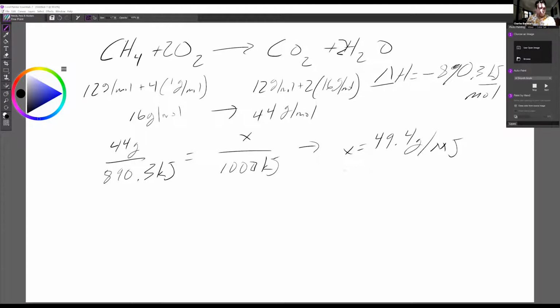So if we look at this in terms of mega BTUs, then we have to do a different ratio of proportion. So we have 49.4 grams per megajoule. So that equals how many grams of CO2 per mega BTU. A mega BTU, recall a BTU is 1,055 joules.